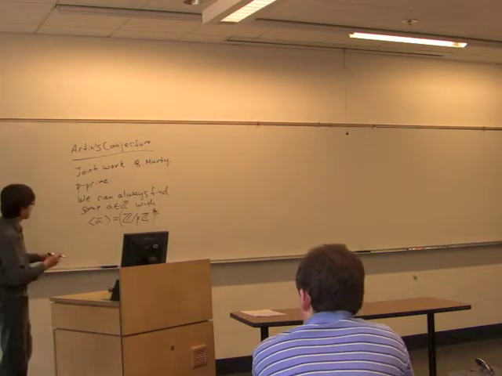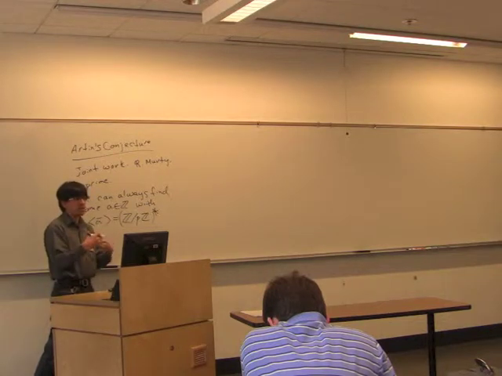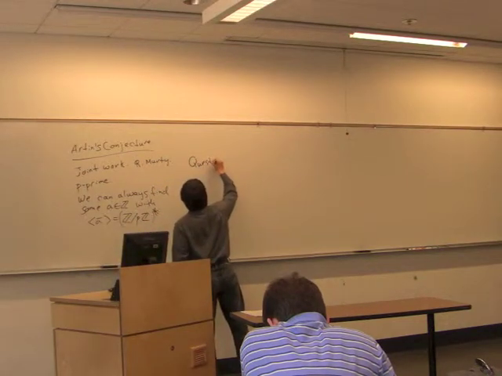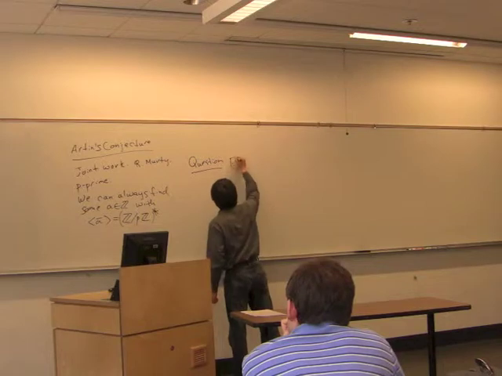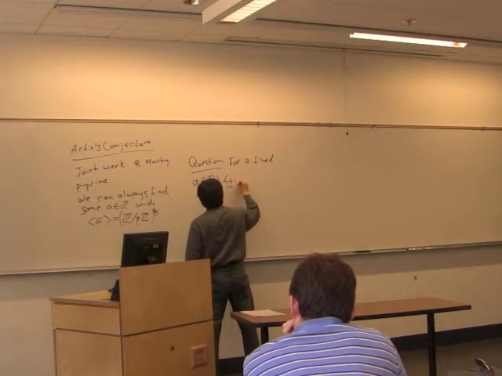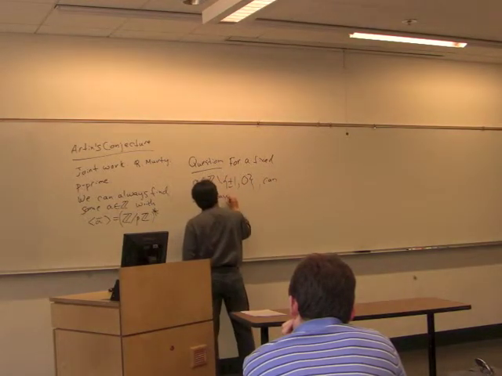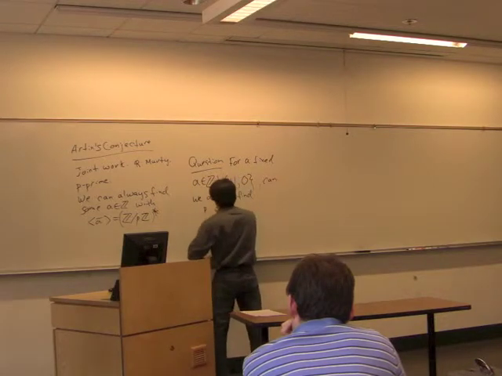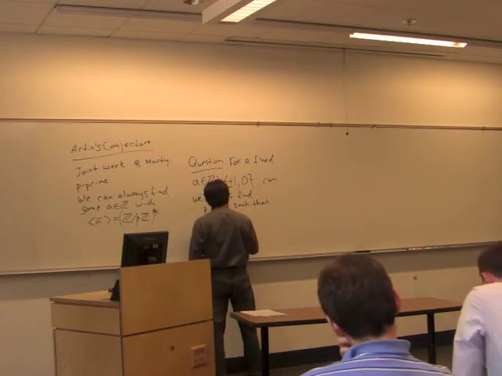So a natural question to ask would be, can we reverse this? If we pick our A, can we always find a prime such that A generates the residues mod P? And does this have a natural density? So, question. For a fixed A in, let's say, Z, not including plus minus 1 or 0, can we always find P prime such that A mod P does the same thing?